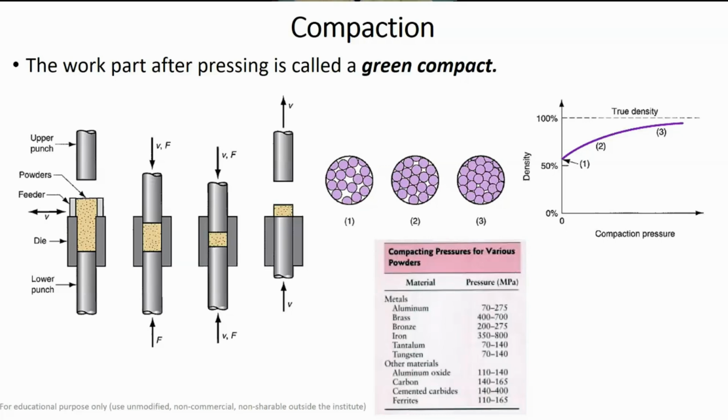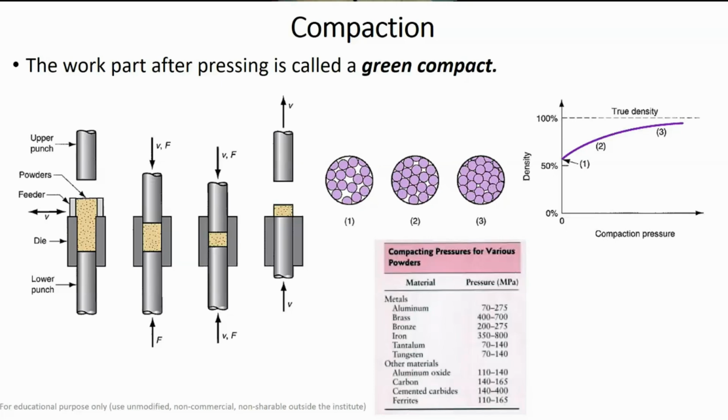After the powder has been mixed, it is poured into the die cavity with the help of some powder feeder. The next step is to press the powder under a predefined load and at a specified pressing speed, which is known as compaction.